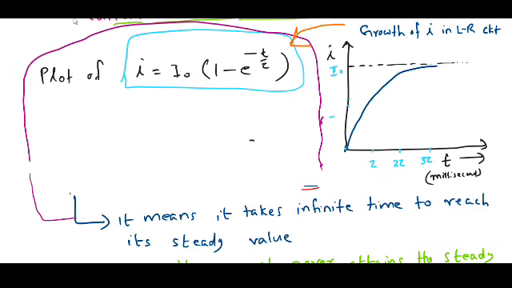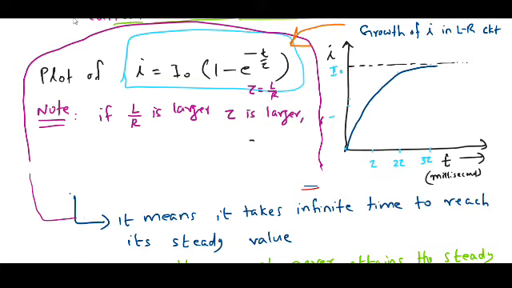Here we have one note. If L by R is larger, because we have already defined tau as L by R, then tau is larger.